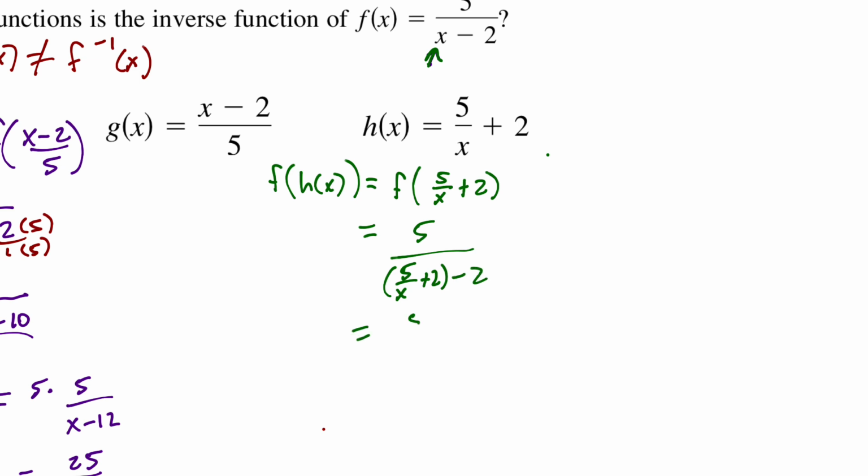Okay, those 2's are going to cancel, so that's just 5 over 5 over x. To divide two fractions, I'm going to take the bottom one, flip it, and multiply, so that's 5 times x over 5. Our 5's cancel, and I'm just left with x. So it worked out in that direction.